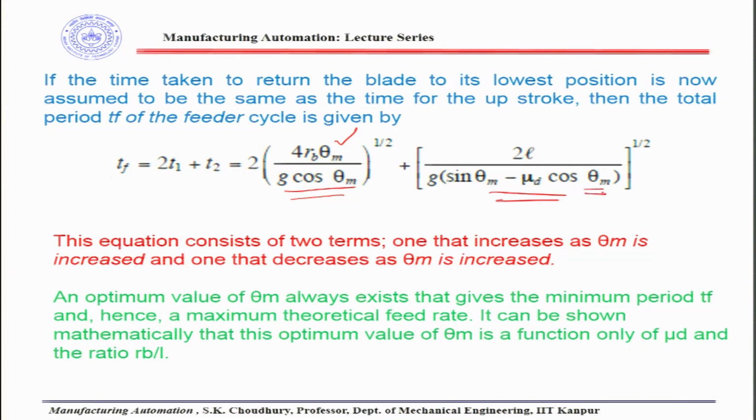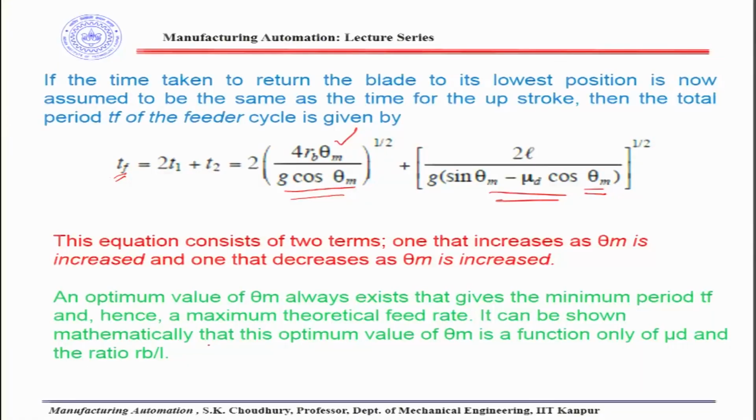Therefore, an optimum value of theta m will always exist that gives the minimum period Tf, that is the total time, and hence a maximum theoretical feed rate, because the overall feed rate is defined by the time taken for the blade to complete a cycle. A cycle is going up and coming down, including the dwell time.